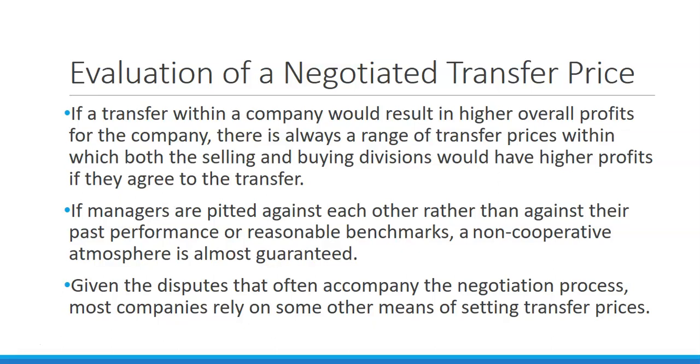So if there's a competition for maintaining a specific net income or always increasing your measurements, then you're not incentivized as a manager to transfer internally at a lower price. So many companies don't rely on negotiation for their transfer price setting because of this issue.